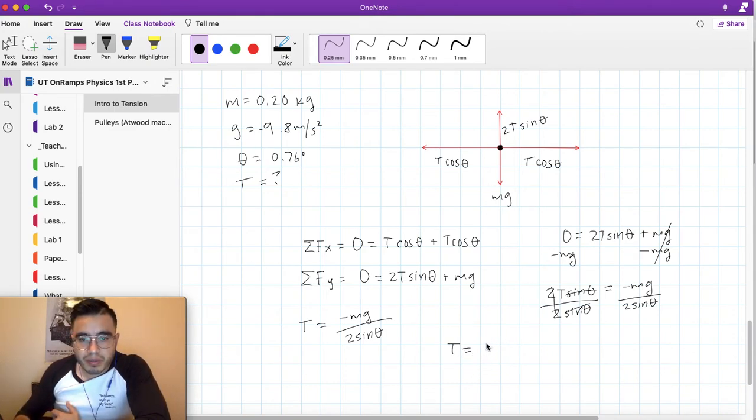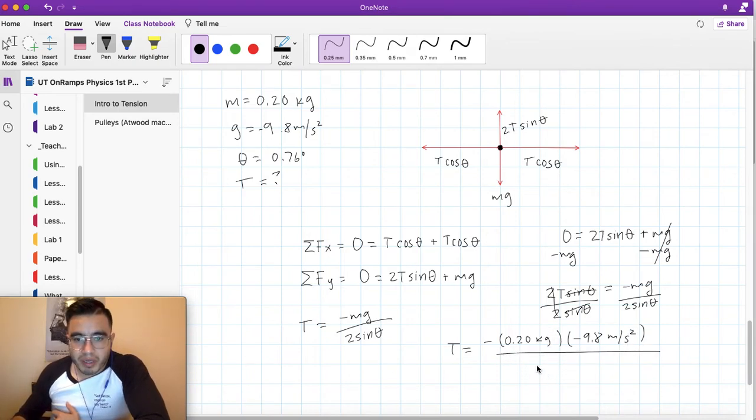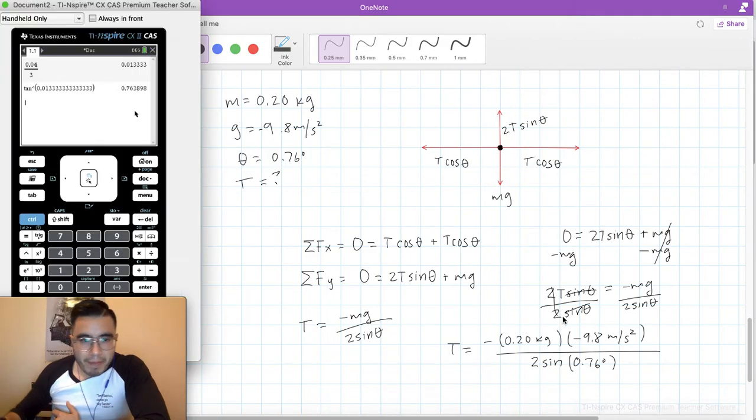Now I can substitute. Tension is equal to negative 0.20 kilograms times acceleration due to gravity, which is negative 9.8 meters per second squared, divided by 2 sine of 0.76 degrees. So let's substitute that into our calculator.